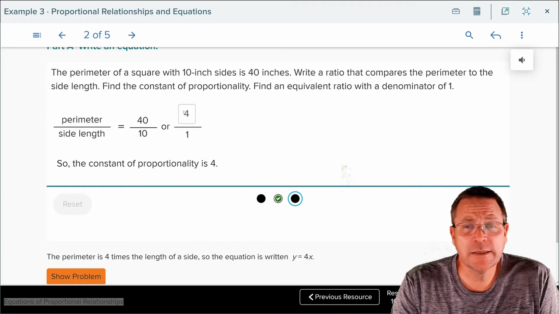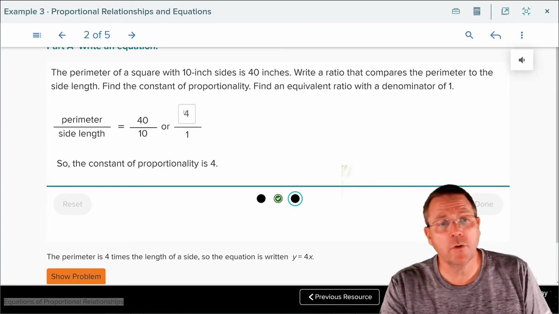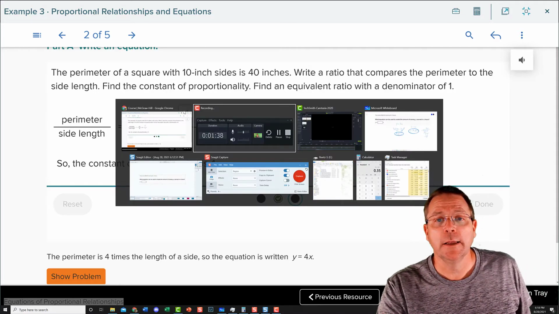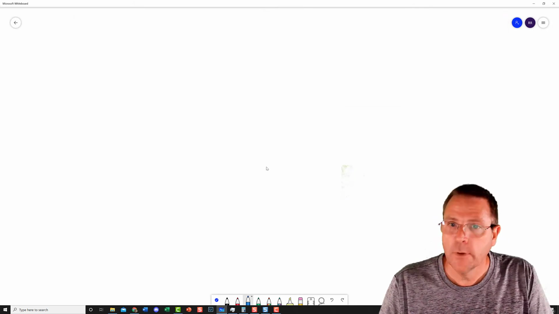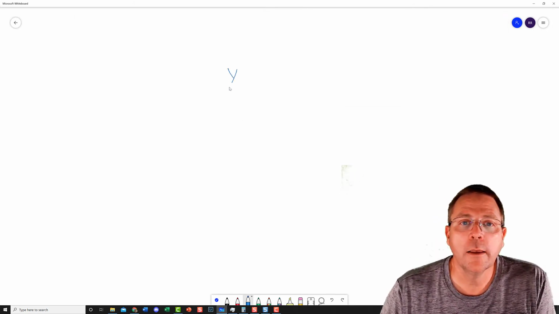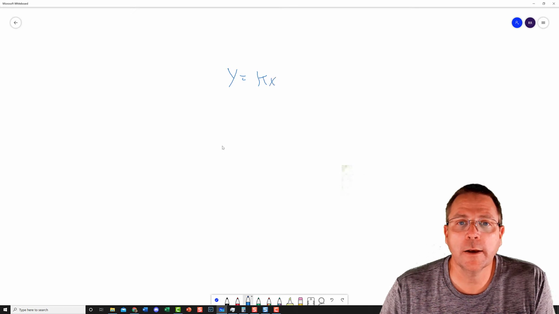This is all nice. This isn't going to cut it for me. I need to see your big kid math. So what I'm going to expect to see is something that looks an awful lot like this. You're going to start off with your y equals kx formula.